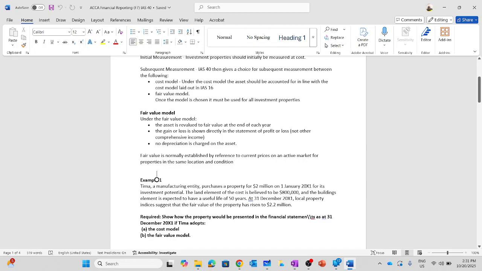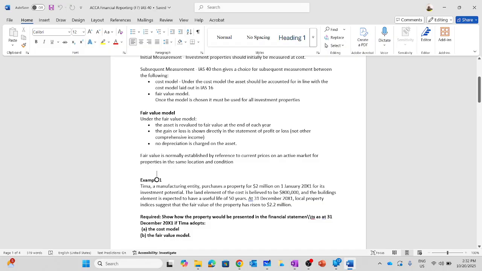Fair value is normally established by reference to the current price on an active market for properties in the same location and condition. Because of this reason, we are going to recognize the gain directly in the statement of profit or loss instead of other comprehensive income.